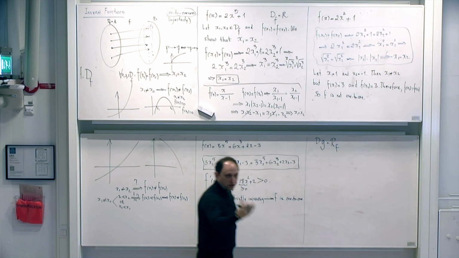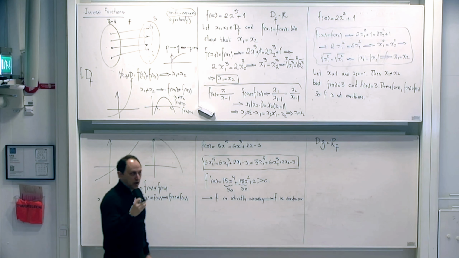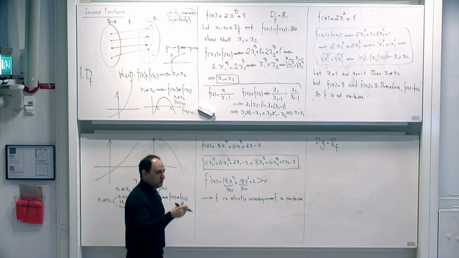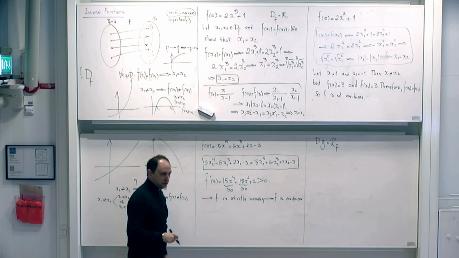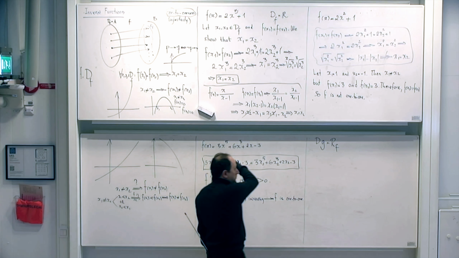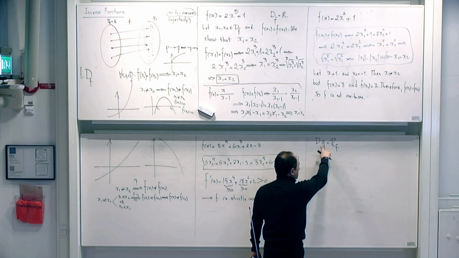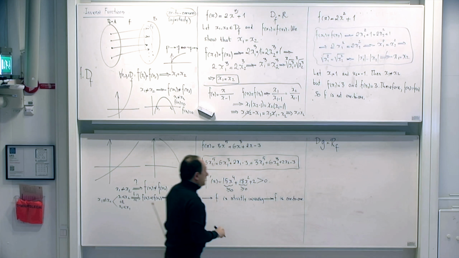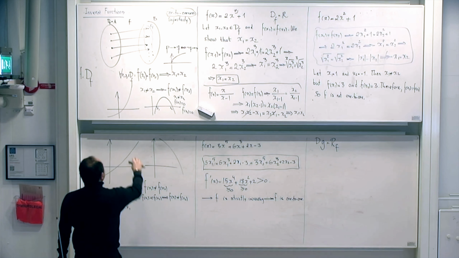So if you give me a function f, which I know is 1-to-1, and I ask you what the inverse is, the first duty is to tell me what the domain of the new inverse function is. According to what we learned, the domain of the inverse function is the range of your original function. But now can you tell me what happens?